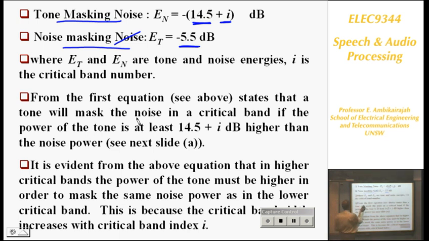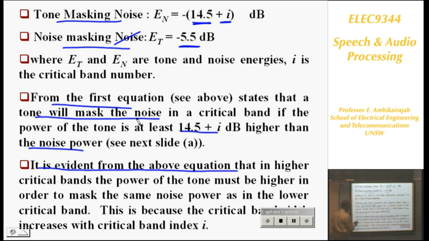So from the first equation, you can say that the tone will mask the noise in a critical band if the power in the tone is at least 14.5 dB higher than the noise power. Otherwise, if the noise power is higher than this, the noise will mask. So it is evident from the equation that the higher the critical band number, the more the power of the tone must be higher in order to mask the same noise power.